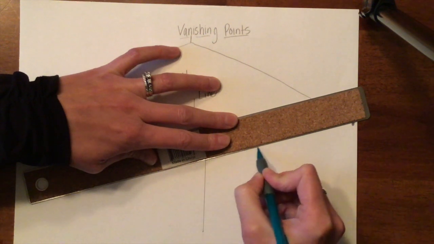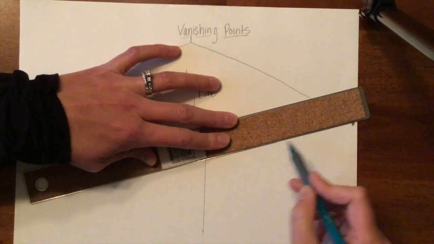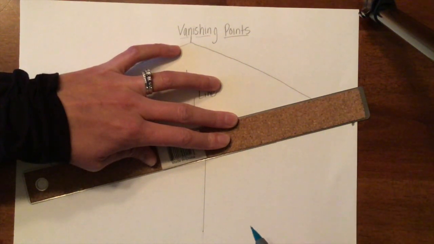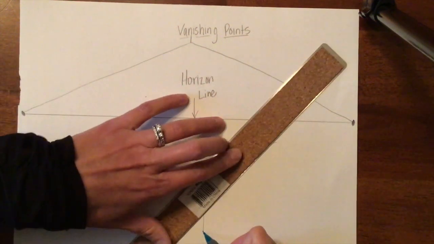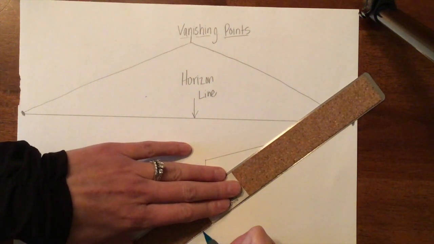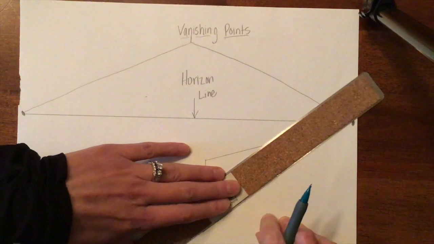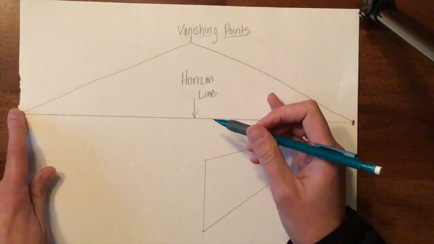Now, you don't have to draw it all the way there. I just stopped there. It doesn't really matter how long you make it. This is just going to determine how long your boxes are. Then I'm going to come down here, touch my ruler to this dot, touch it to the vanishing point, and draw my line, okay? Now I need to do the same thing to this vanishing point.